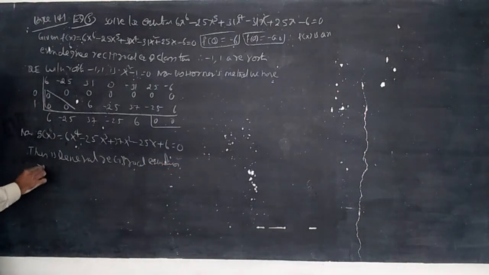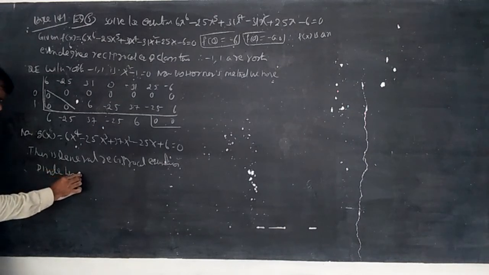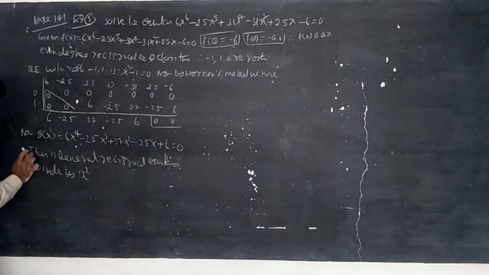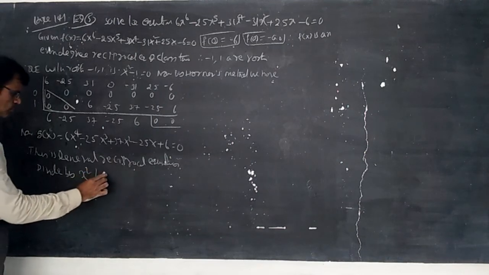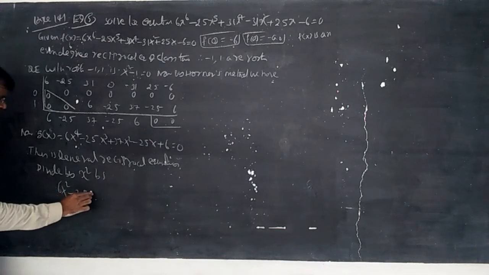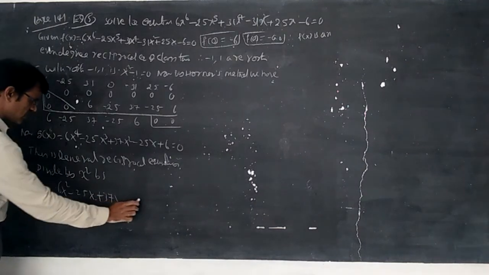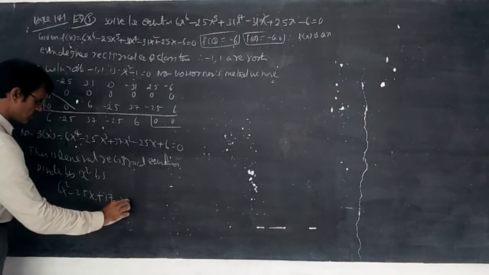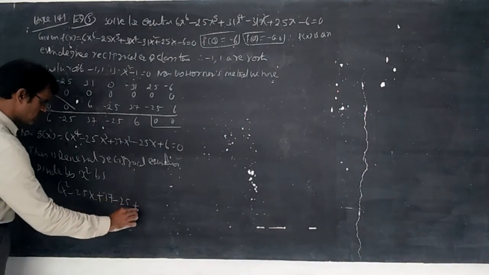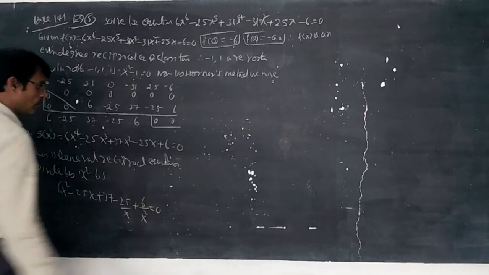Divide with, already we have done such sums in the quadratic expressions chapter. Divide by x square on both sides, it is the rule. So whenever it is divided by x square, you can write 6x square minus 25x plus 37 minus 25 by x plus 6 by x square is equal to 0.